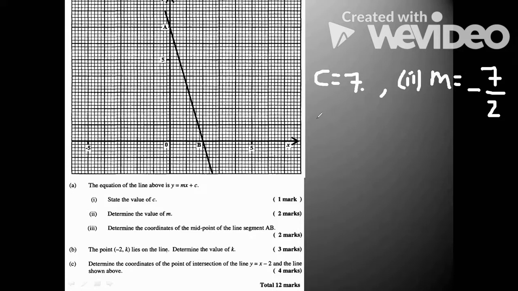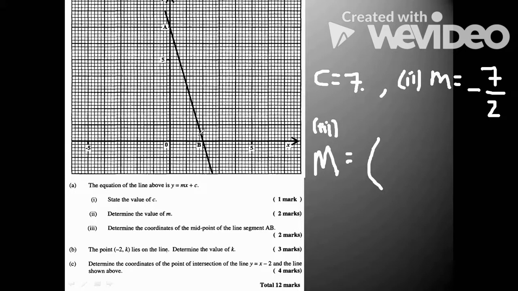Part 3 says determine the midpoint. We're going to use the midpoint formula. I'm not clear about this question saying that it's drawn to scale. But if it was drawn to scale, we could just take a ruler and measure the length of AB.